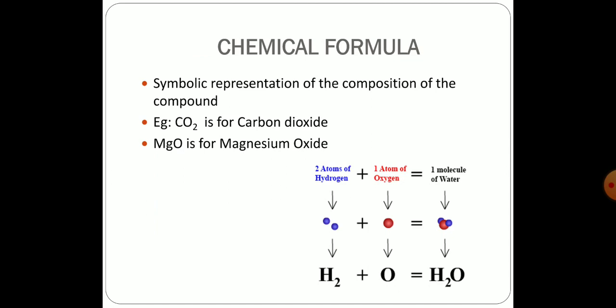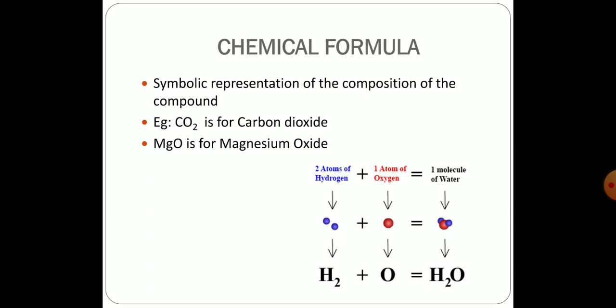Now we are going to see what is a chemical formula. The chemical formula is a symbolic representation for compounds. Chemical symbol was for elements, whereas chemical formula is for compounds. A simple compound we have is carbon dioxide. How are we going to represent carbon dioxide?